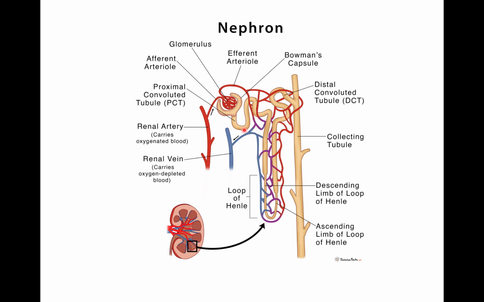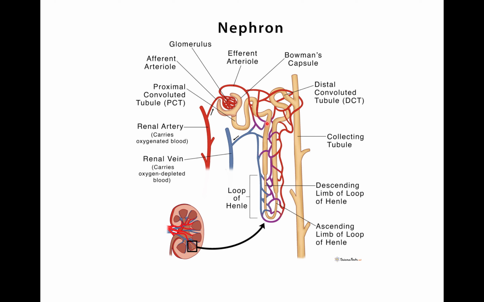It can be divided into the initial convoluted tubule, and this is the descending portion. Here you can say this part is somewhat coiled, and this is straight.